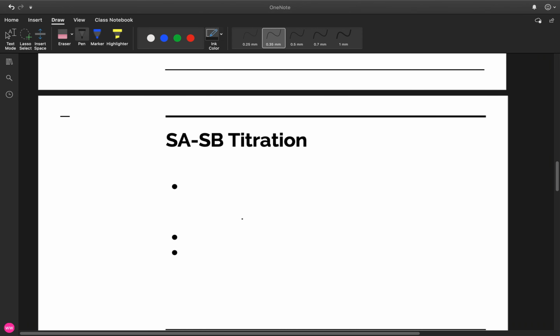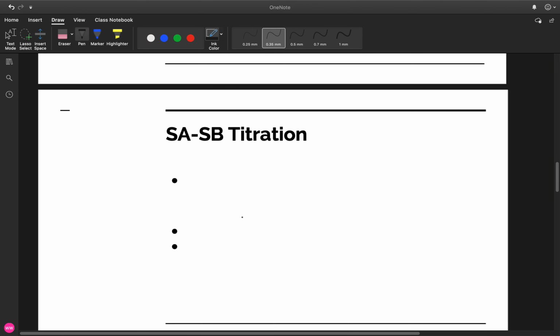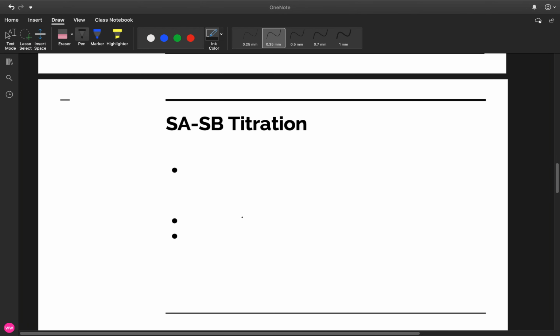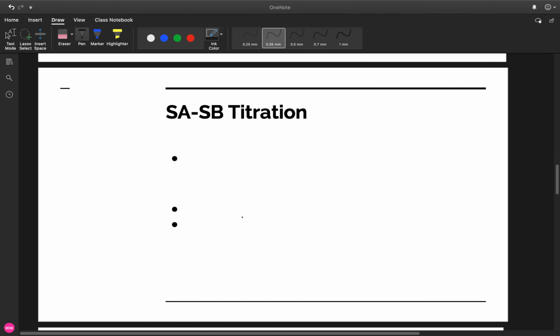A strong acid, strong base titration. Hopefully this makes a little bit of sense in terms of its title, in terms of its context. But pretty much the whole point of a strong acid, strong base titration is to determine the concentration of an unknown acid or base.